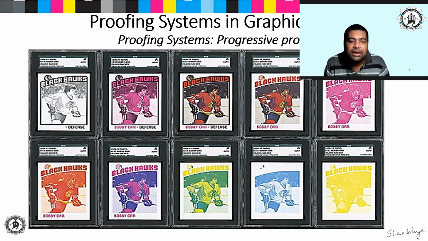So what is the purpose of such proof? One purpose that we have already learned is to obtain the appropriate tone reproduction curves, to get all the measurements from each of the prints. Of course, in order to maintain gray balance, we did all the calculations to get the actual equivalent neutral densities.